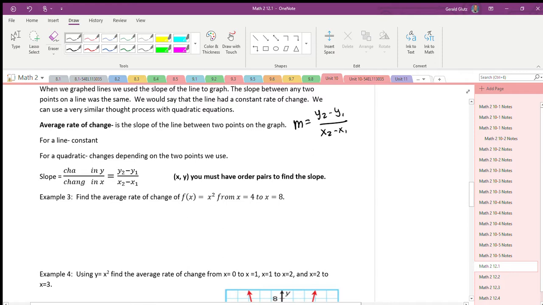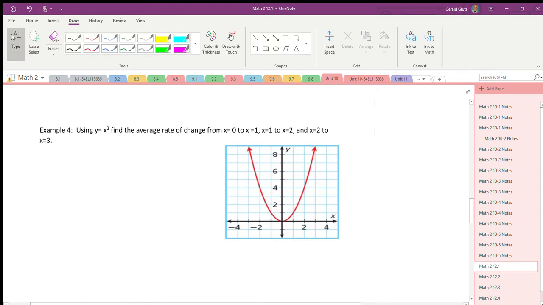When we're finding the average rate of change, we're going to get to this example eventually, but this says find the average rate of change from x equals 0 to x equals 1. So x equals 0 is right here, and then x equals 1 is that point on the graph. So I'm trying to find the average slope between these two points on the graph.